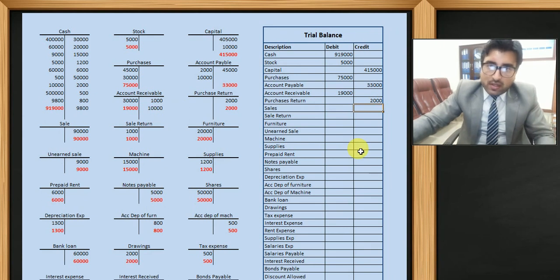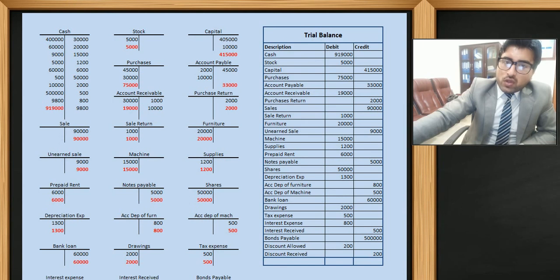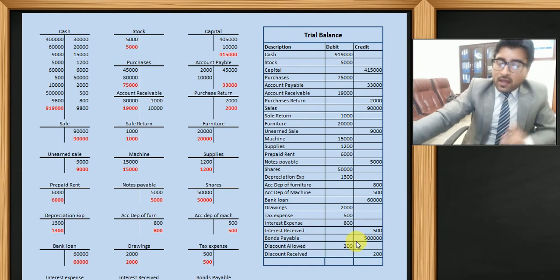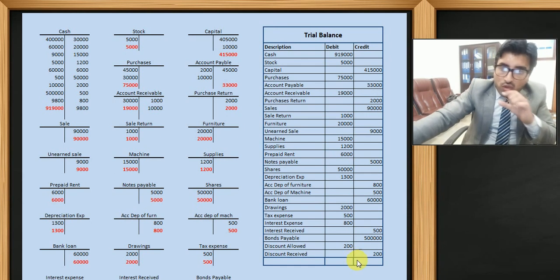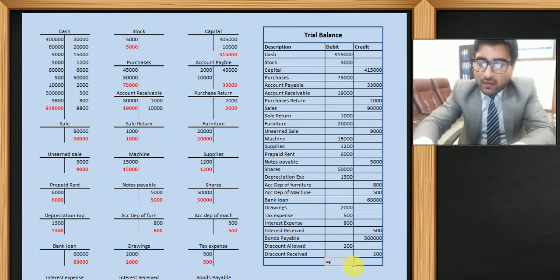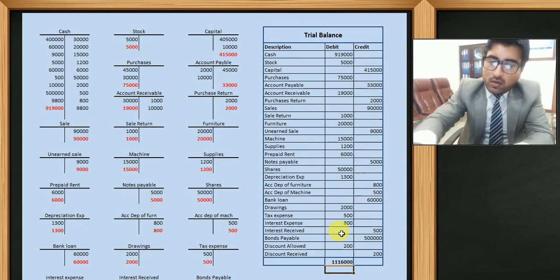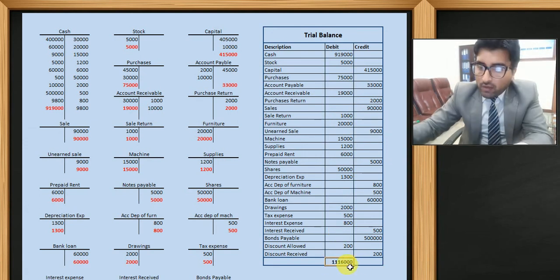Okay, so dear students, once you have posted all the values, the debit values into the debit side, and the credit into the credit side, then you have to total it, you have to add it. So let's add the debit side. We have equal sign sum and take all the values in the range, and also use the same formula for the credit side, so just drag it to the right.